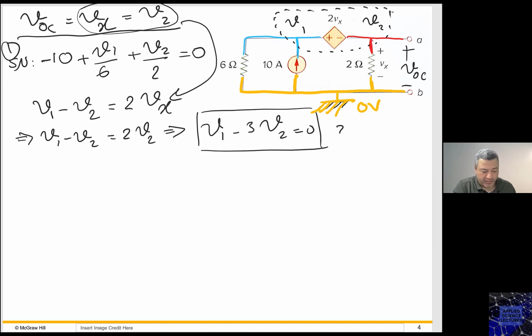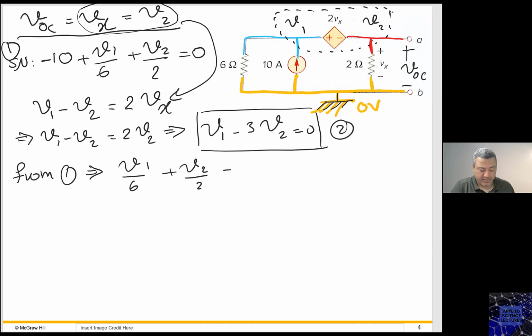Now from condition number 1, I have V1 over 6 plus V2 over 2 equals 10. Now if I multiply by 6, this becomes V1 plus 3V2 equals 60.